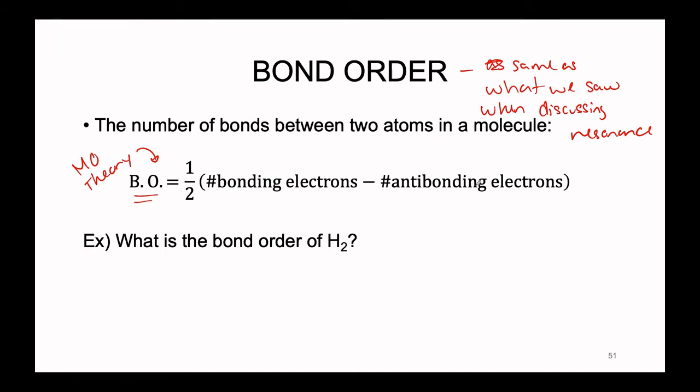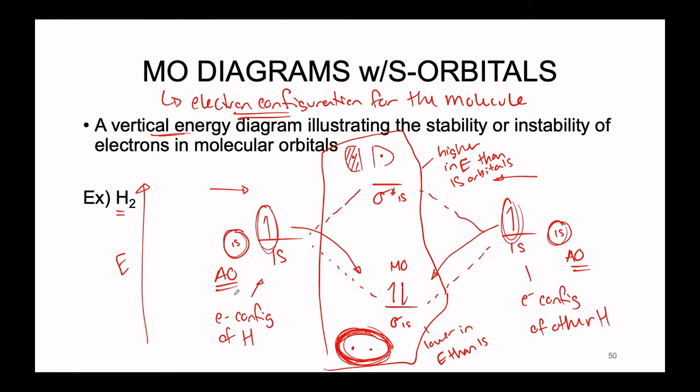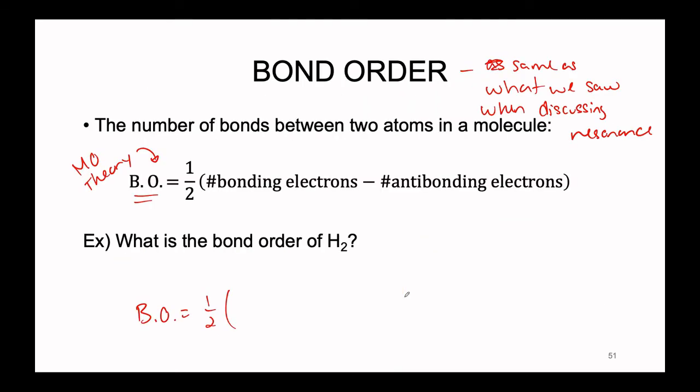So let's return to our H2 picture and find the bond order of H2. Well, our bond order is going to be 1/2 of all of the bonding electrons. So let's go back to our diagram. According to our molecular orbital diagram, we can see we have 2 electrons here in the bonding MO. So we're going to take 1/2 of 2.